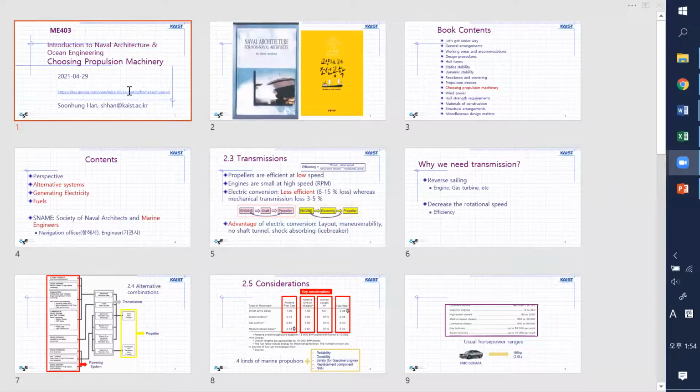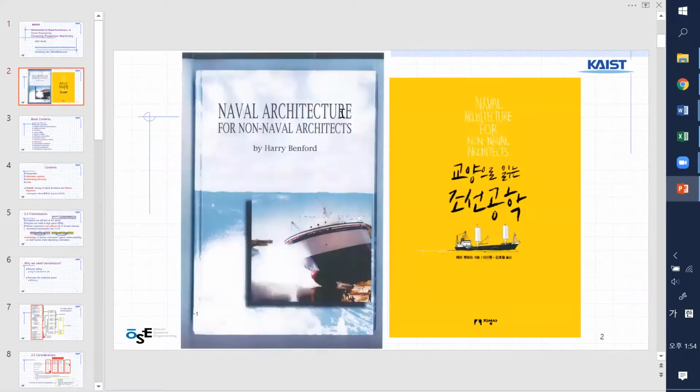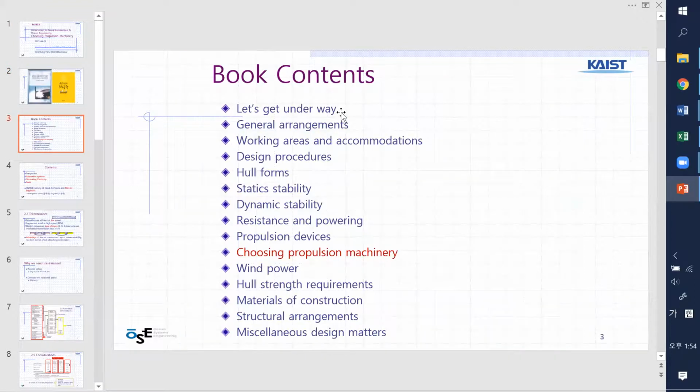Okay, this is the second part of propulsion machinery. So we are covering the book, and the chapter, what is it, 10, almost done.